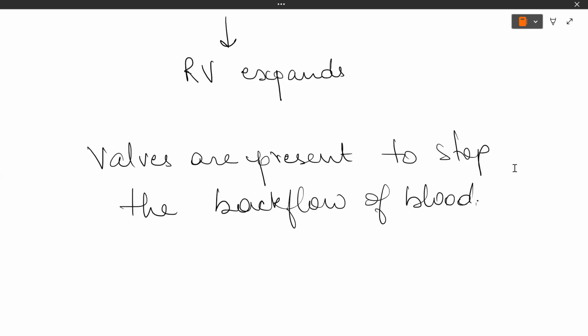Now talking about the different kinds of chambered hearts in different animals. In us and in all the vertebrates, the circulation is known as double circulation.